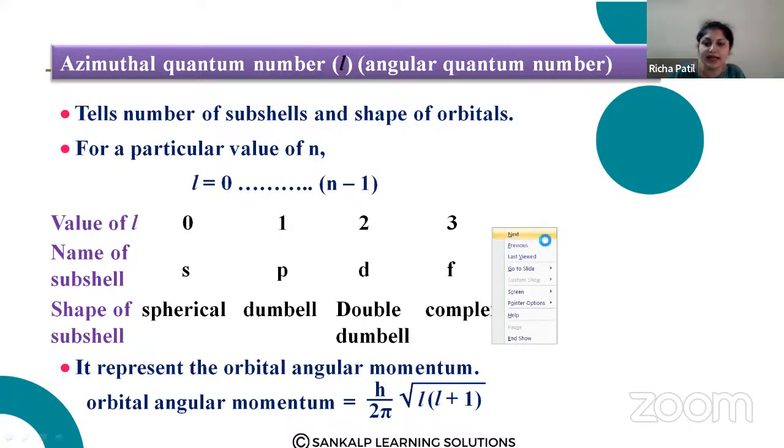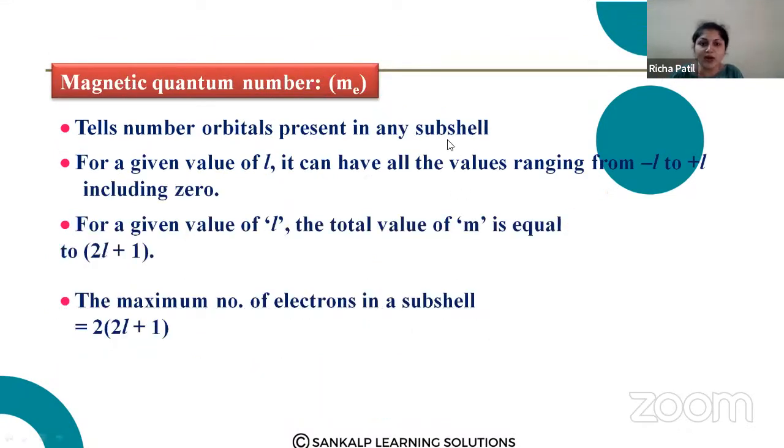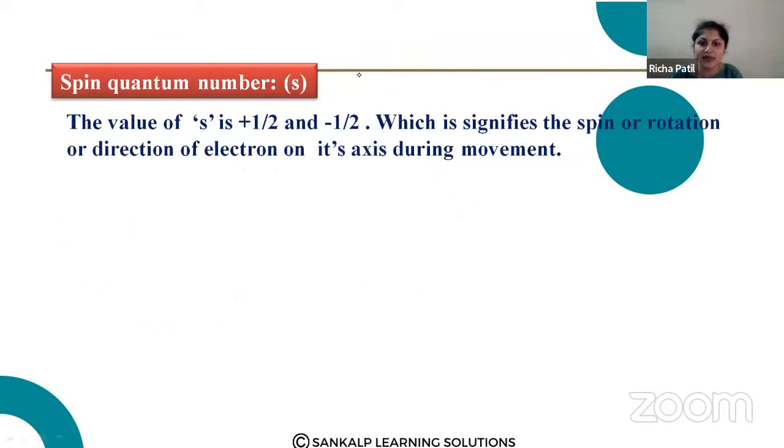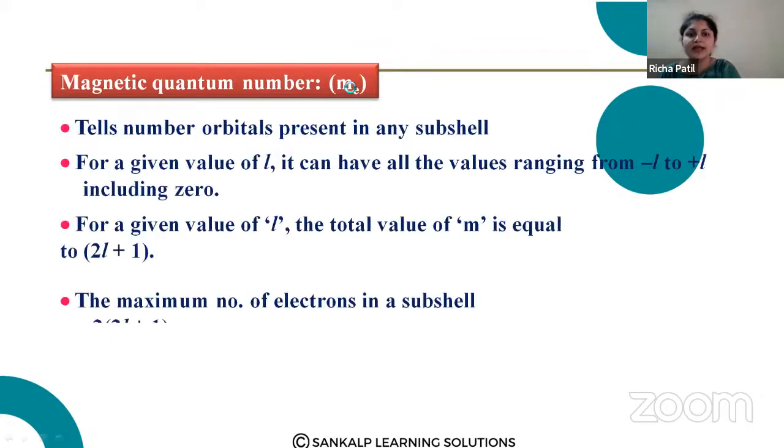Next is the magnetic quantum number, represented by m sub l. The magnetic quantum number tells you about the number of orbitals present in the subshell.